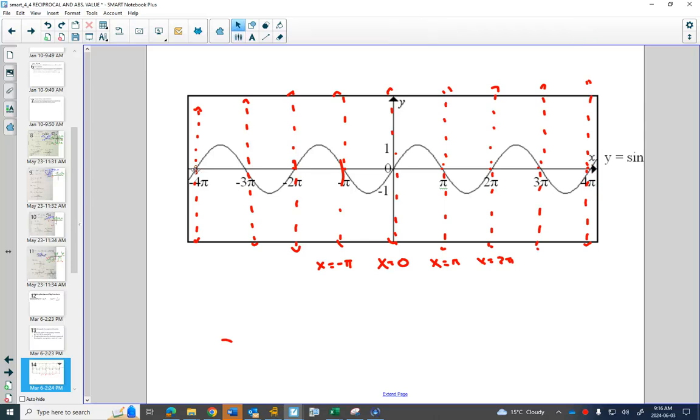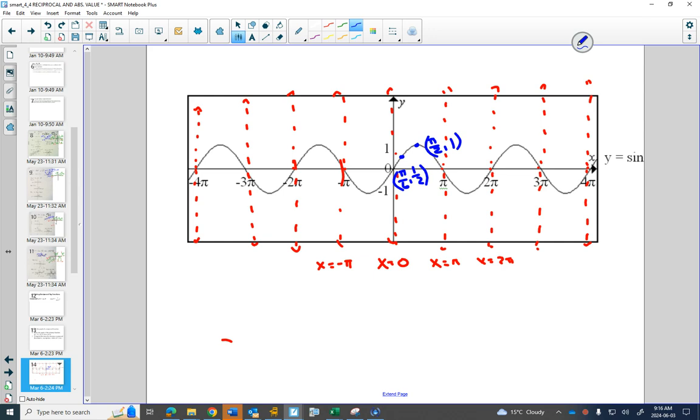The next thing we look at is nice points. So on this original one, can you see that here you would have pi over 2 comma 1? And, for example, you know your unit circle, you would have pi over 6 comma half.